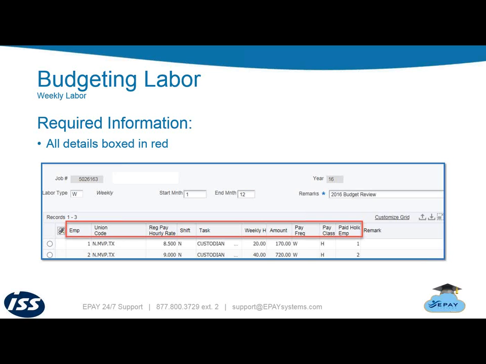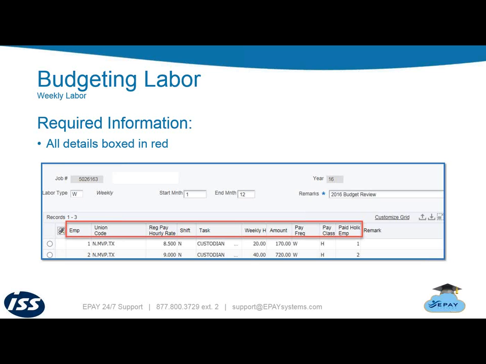Now, please keep in mind that the weekly hours is per employee. Please do not total them up when providing this information to OSG. We'll also need to know the pay class, so whether or not this employee is hourly or salary, and whether or not they receive holiday pay.